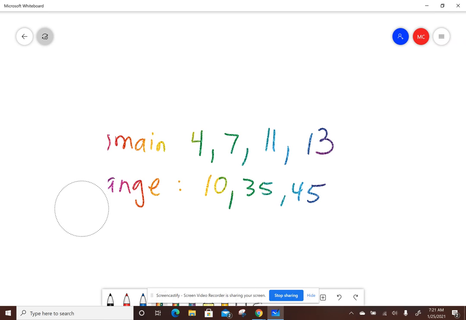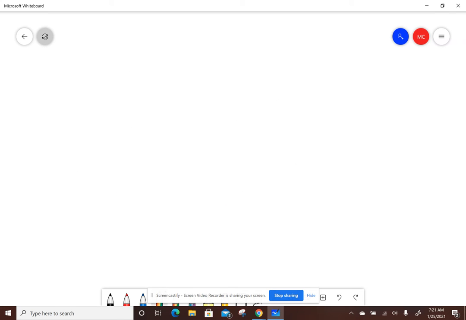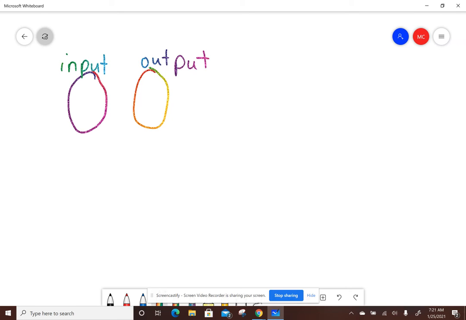Okay, now we're going to go over how to identify whether a relation, which is a set of ordered pairs, or an input-output table, represent a function or not. One of the easiest ways to determine this is to represent your input-output using what we call mapping. Now, mapping is when you have two ovals. You have your input here and your output here. Okay, so let's just pretend I had an input-output table, and this is my input-output table.